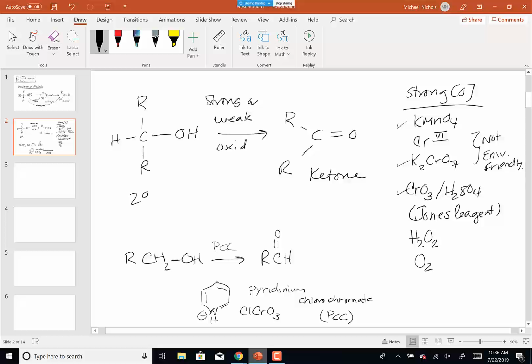Anything other than PCC right now is going to take that all the way to the carboxylic acid. So that's the only one. There's also another one that is called Swern, that's much more environmentally friendly.